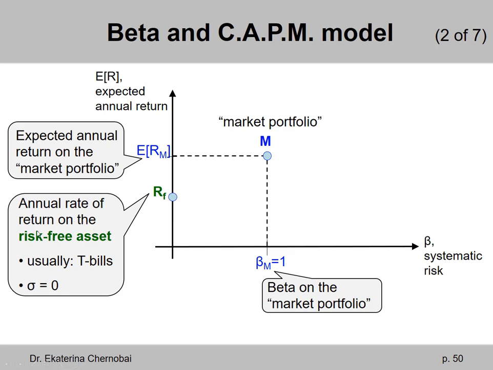So perfect predictability of what your return will be in percent every year. So even though in real life, even treasury bills exhibit a little bit of fluctuations over time, we simplify the reality a little bit and say that the fluctuations are zero, which means the standard deviation is zero as well as the beta is zero.